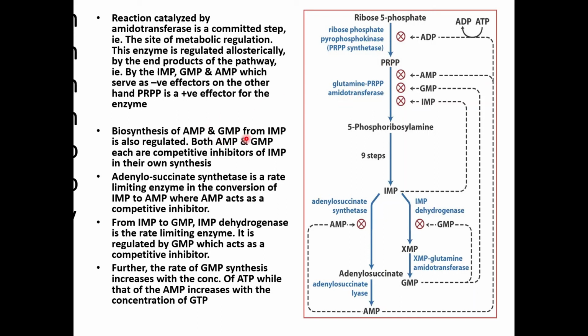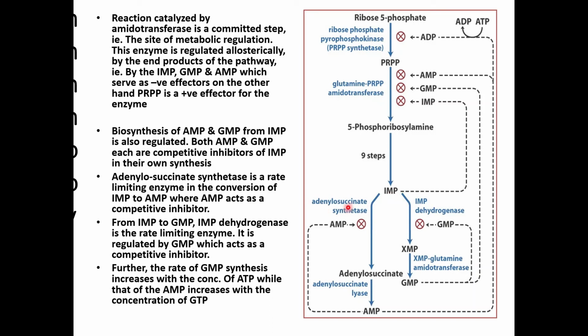Then biosynthesis of AMP and GMP from IMP is also regulated. Both AMP and GMP are competitive inhibitors of IMP in their own synthesis.